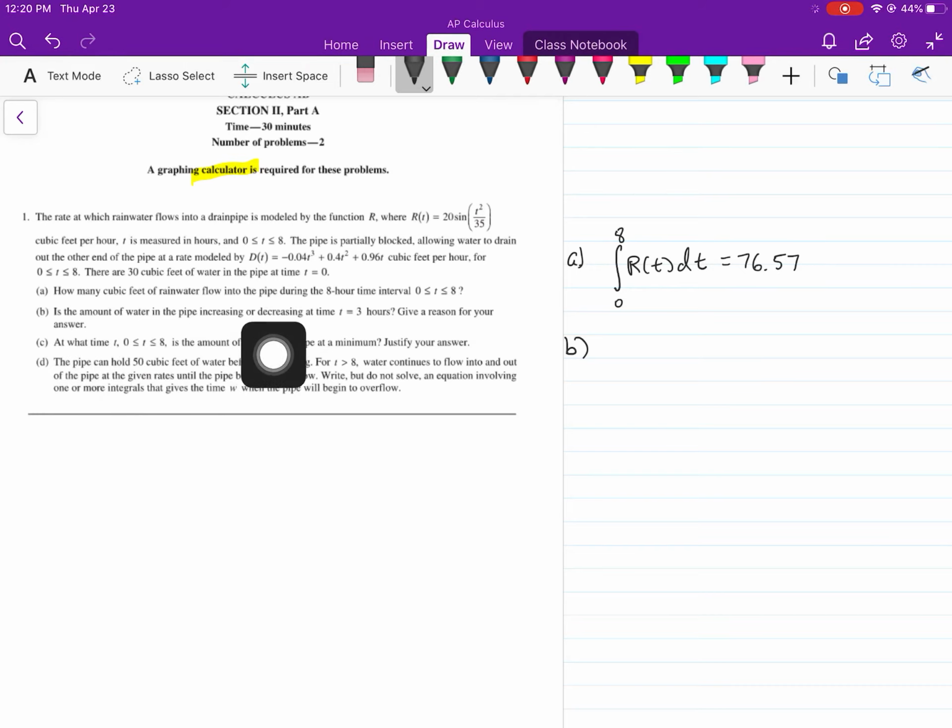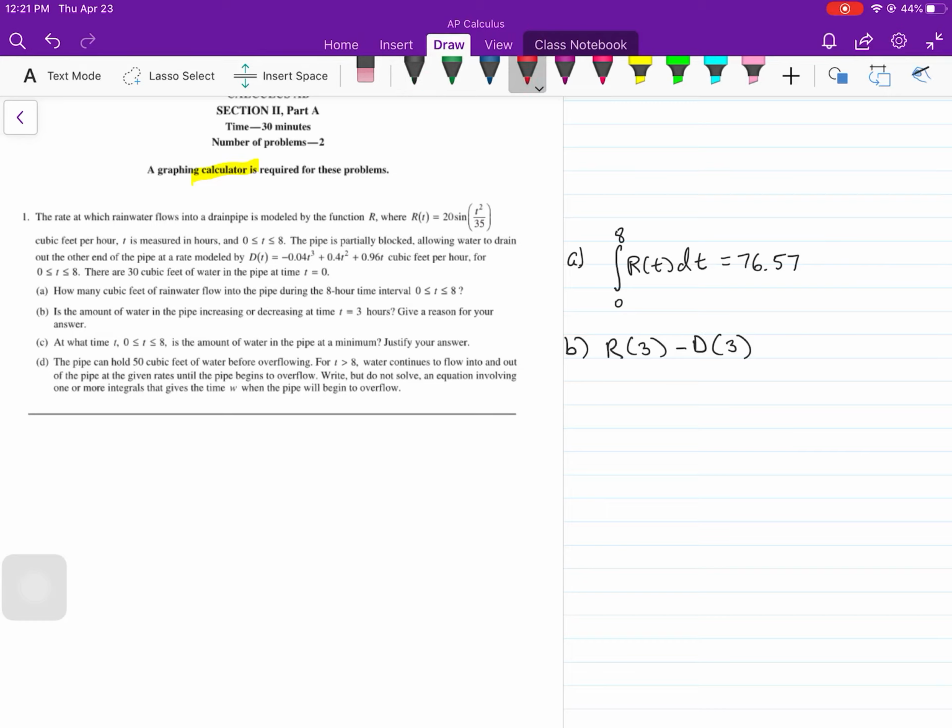So is the amount of water in the pipe increasing or decreasing at t equals 3 hours? So let's think about that. How are we going to figure that out? Well, that sounds like a rate. If you think about it, the rate that the water is increasing is the rate at 3 that it's coming in, minus the rate that it's going out, and the rate going out is d of t, remember?